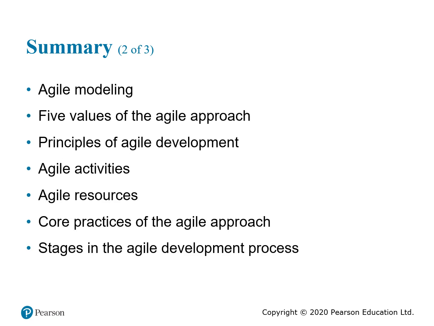We also discussed agile modeling in terms of the 5 values of the agile approach, principles of agile development, agile activities, agile resources, and we also discussed the core practices of the agile approach. We also mentioned that we should balance between all of these: the activities, the resources, the values and the core practices. Also we discussed the stages in the agile development process.